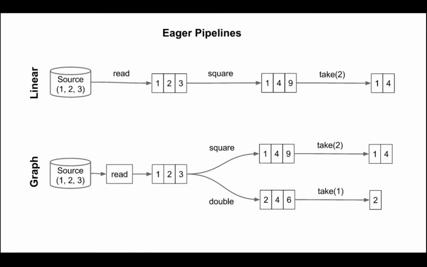The second part is a graph. So now after reading, I'm doing two operations. One is a square and one is a double, and then I do further processing. I take one, take two, and so on. But if you have used Scala collections, you wouldn't even think about this twice, right? You would just use it, and graphs will just be created. Why?